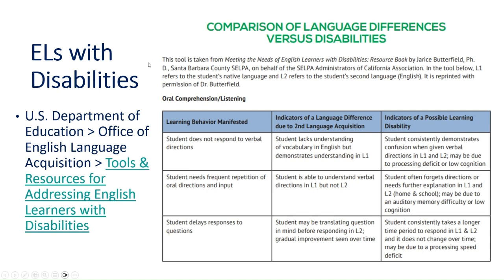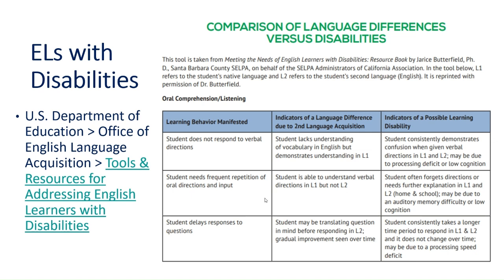Now, in this module, we discussed how important it is for teachers not to confuse language proficiency with learning disabilities, right? And I would like to share a helpful resource with you. The US Department of Education provides a guide designed to help educators better understand the differences between language development and learning disabilities.